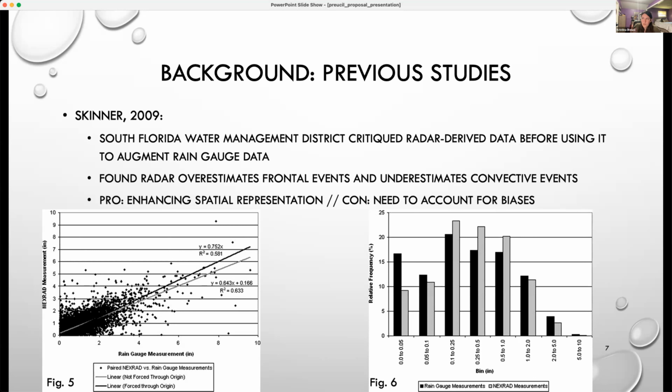They binned them in inches versus the relative frequency, or how much each method was measuring. The black bars are the rain gauge measurements, the gray bars are the NEXRAD measurements. I think it's interesting that the radar is seeing more of the middle rainfall amounts, and the rain gauges were measuring more on the extremes of the rainfall amounts.